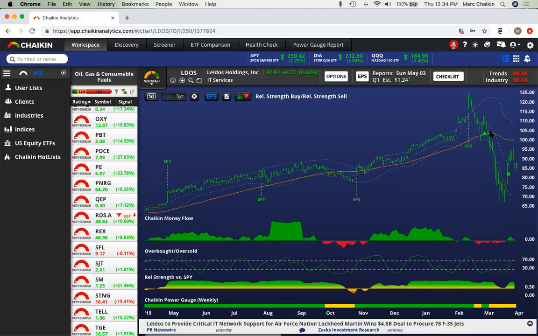But we've built a fail-safe into Chaikin Analytics power gauge rating. If a stock goes below its long-term trend line, that's this orange line here, the computer automatically moves the rating to neutral plus.